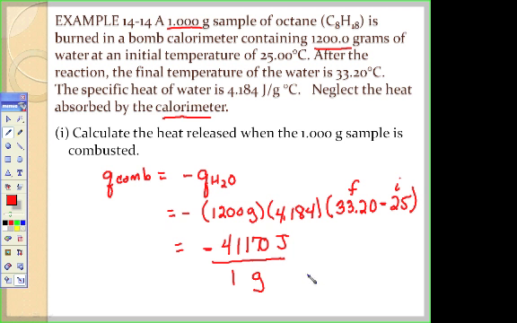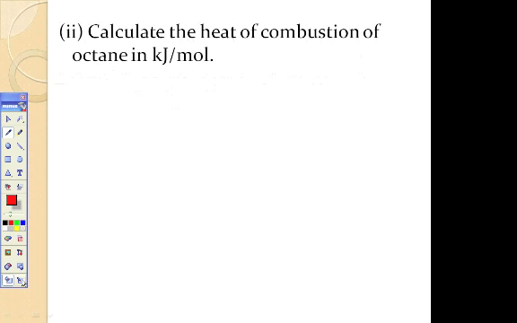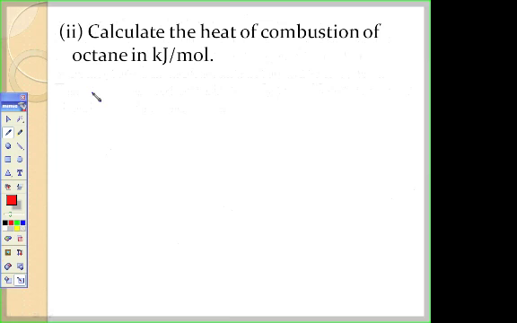That would be one way of looking at it. Now, as we go on to the next one, and by the way, you can always pause this if you need to write something down or you want to try the next step on your own. But the next step is going to be taking those joules per gram and getting them into kilojoules per mole.